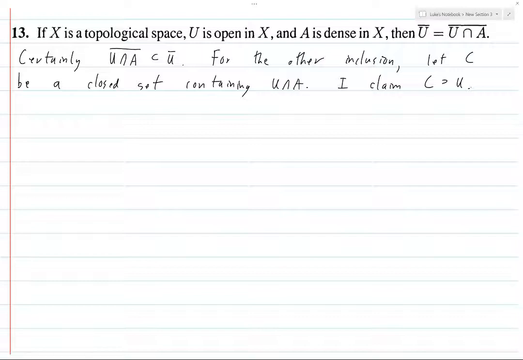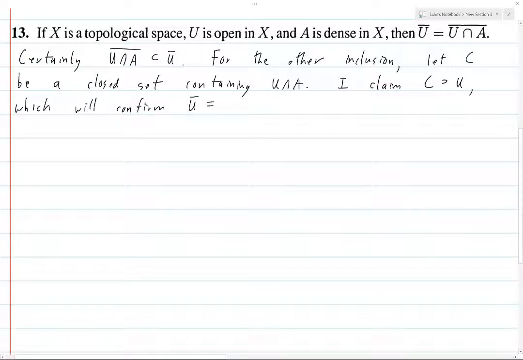So if we take the intersection of all closed sets which contain U, then the set of all closed sets which contain U will at least contain all closed sets which contain U intersect A. So let's write this out.